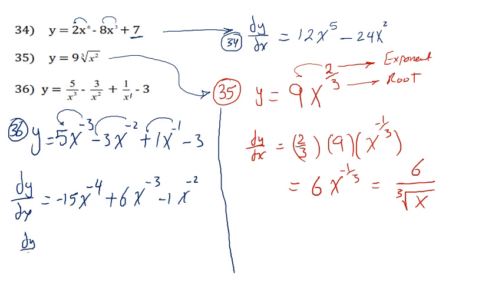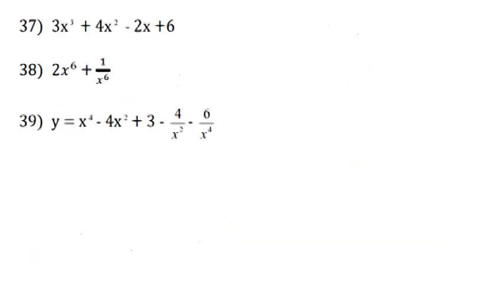So dy by dx is equal negative 15 divided by x to the power of 4 plus 6 divided by x to the power of 3 minus 1 divided by x to the power of 2 in a simplest form with a positive power.